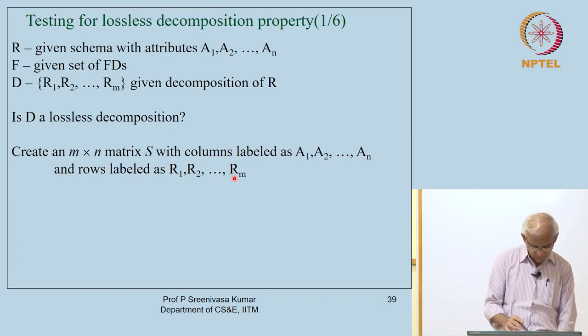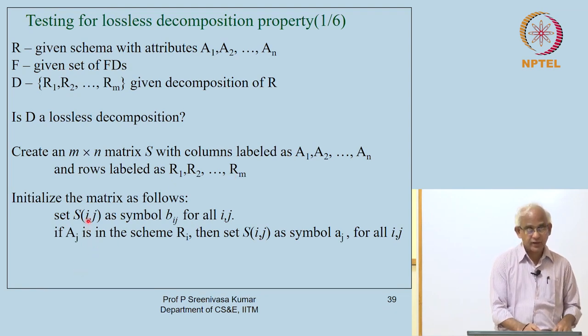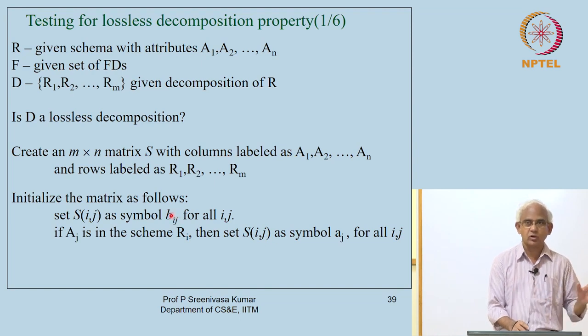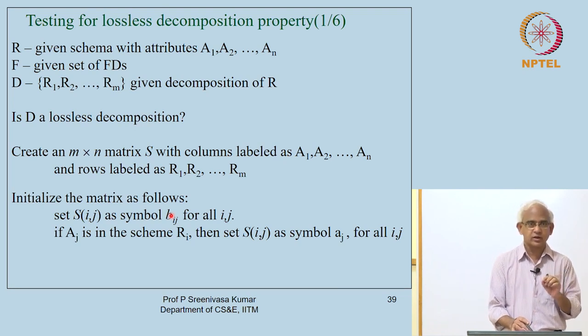It is initialized like this: the ith row jth column is initialized to a symbol called Bij uniformly. So all B symbols, but each B symbol is distinct from the others because it has subscript ij, Bij, standing for the ith row jth column.